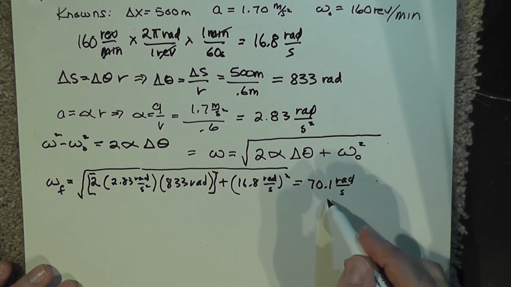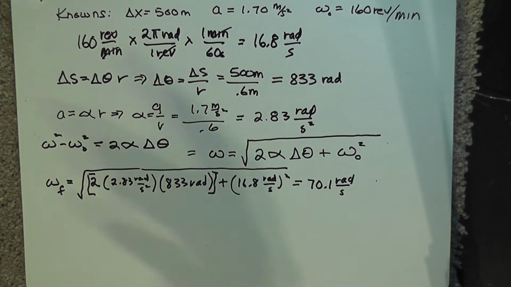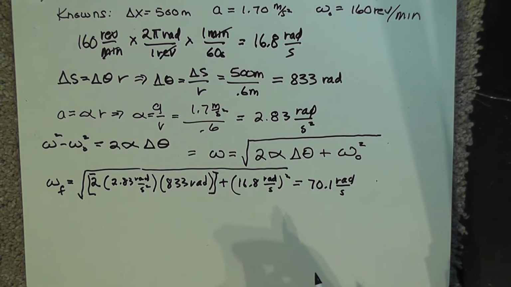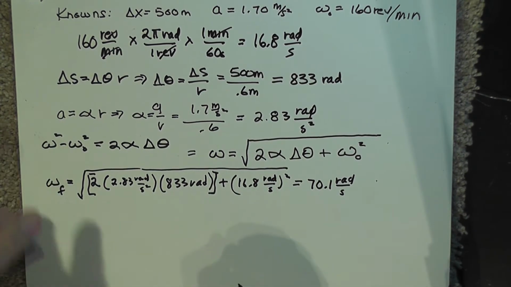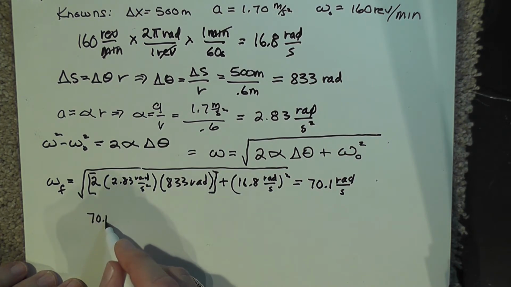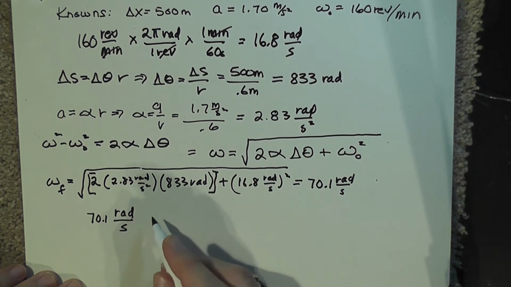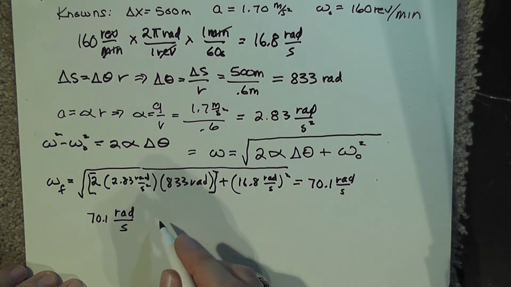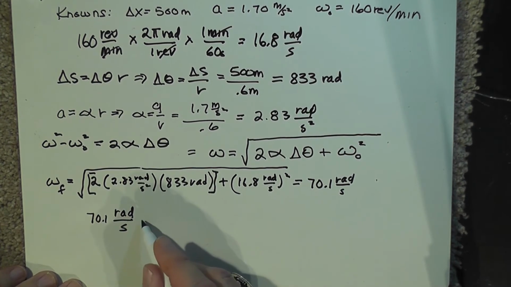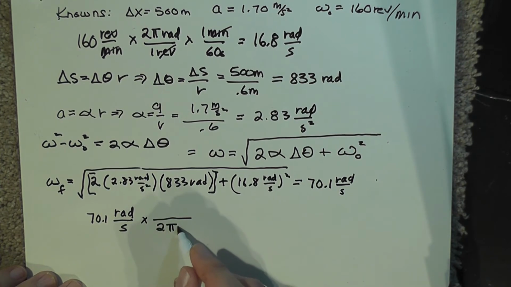But we need to answer this in revolutions per minute, RPM. So we have to do a conversion. 70.1 rad per second. We need to get rid of the rad, so downstairs we'll put 2 pi rad. This will cancel out the rads.